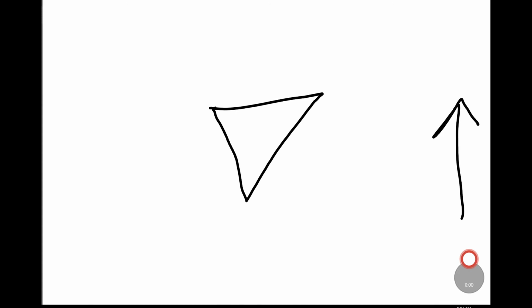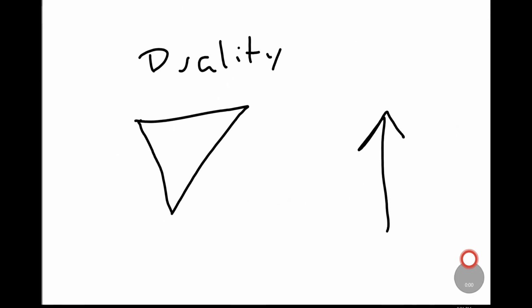So then, what happens if I draw this? What does that mean? What is raised to the top? What is the highest ideal? Duality. The dualistic nature of man is raised to the top.